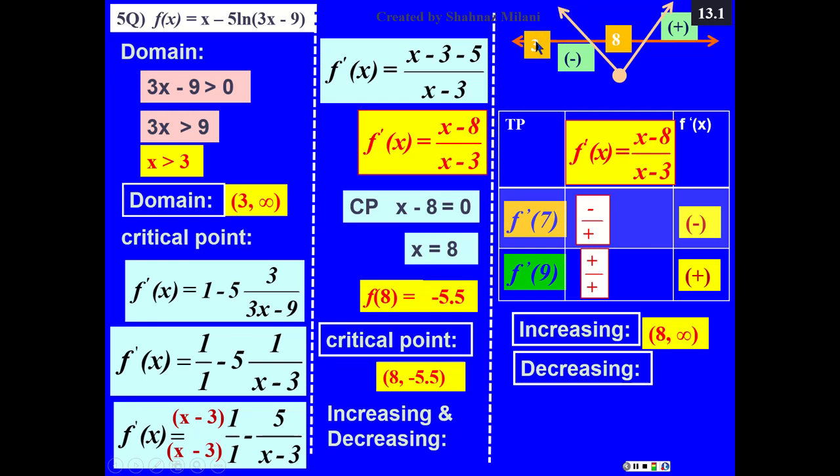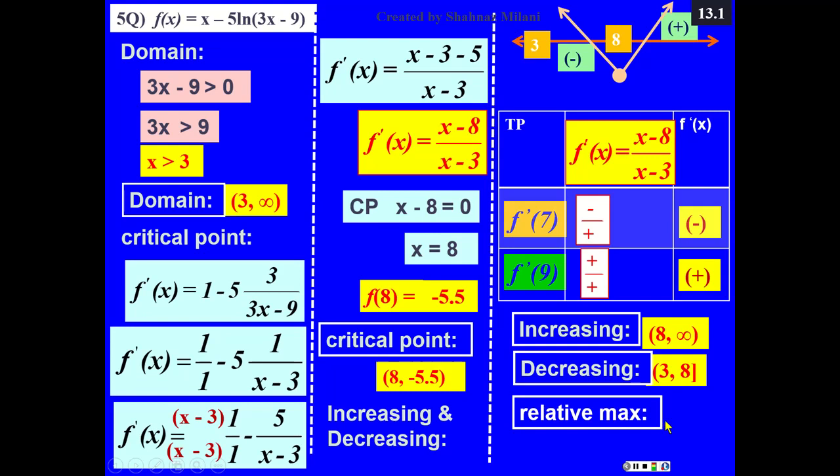But don't forget the restriction on your domain. That means x has to be from 3 to 8. Now, relative max. Relative max is going to be increasing to decreasing. By looking at this, I don't have increasing to decreasing.